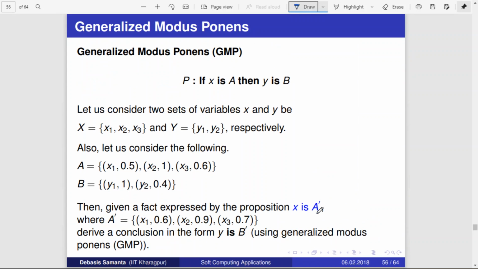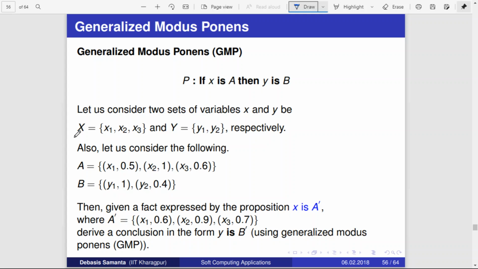So let us discuss this with an example. As we know, generalized modus ponens is given like this: if x is A, then y is B, and if it is known that x is A dash, then from this we can infer that y is B dash. So let us consider two sets of variables x and y.